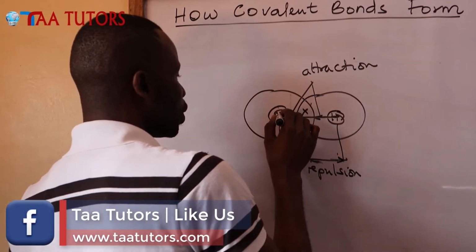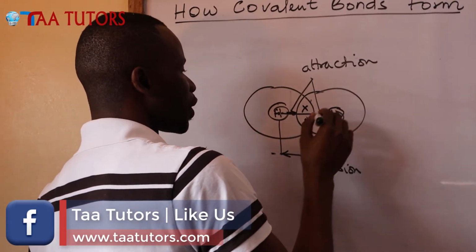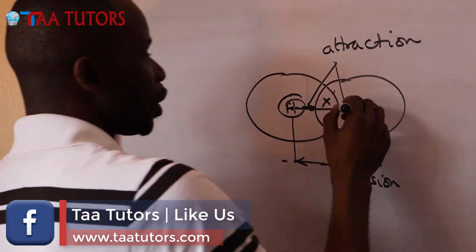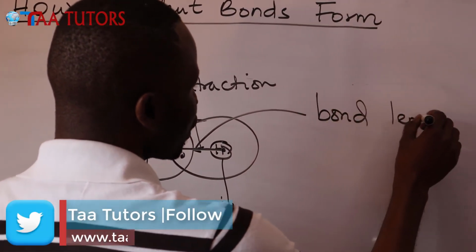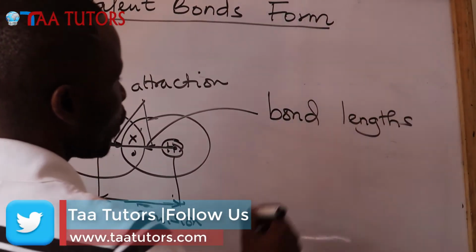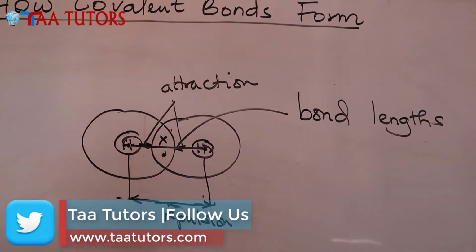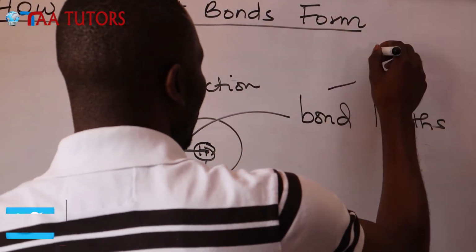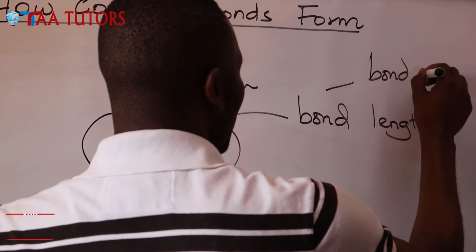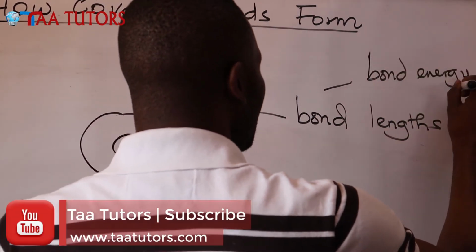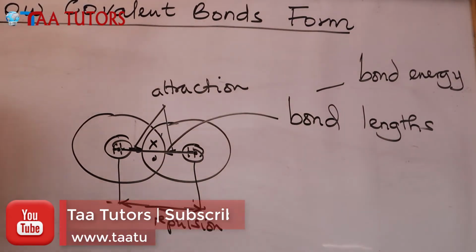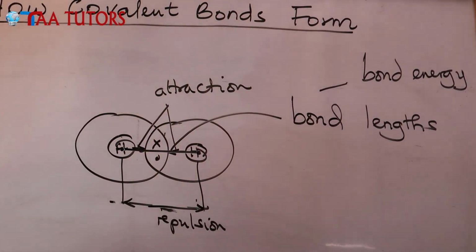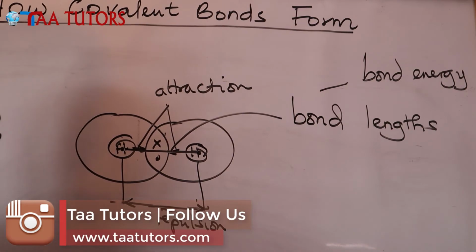Now that distance between one nucleus of an atom and the other nucleus of an atom in a covalent bond is what we call a bond length. Bond lengths are very important when you are talking about the strength of covalent bonds. You realize that we have what we call bond energies. Bond energy or bond enthalpy is the amount of energy that can be used to break 1 mole of a covalent bond at standard conditions.